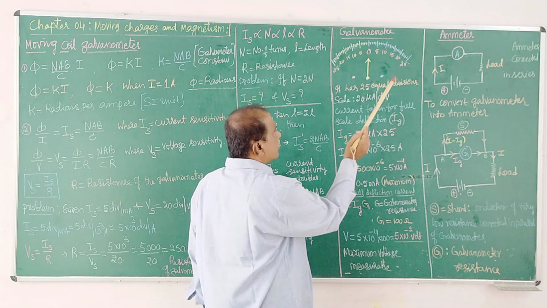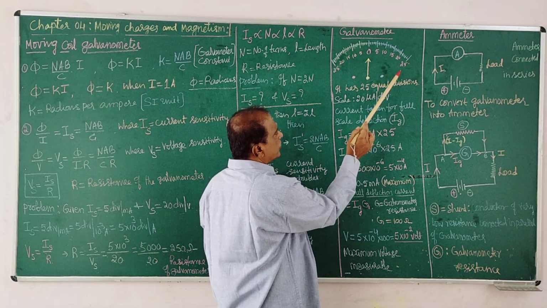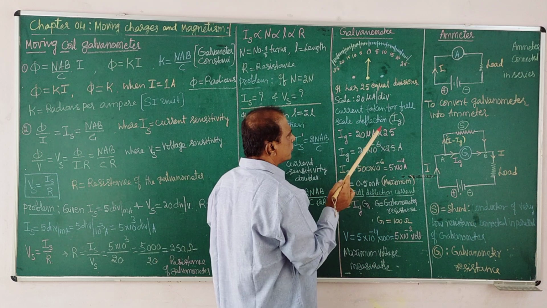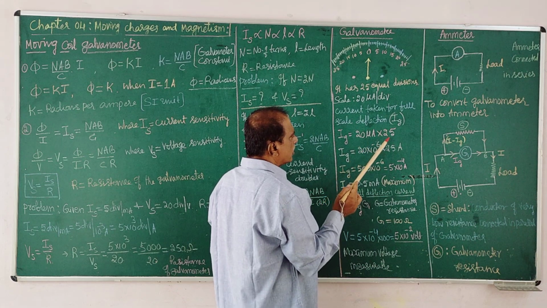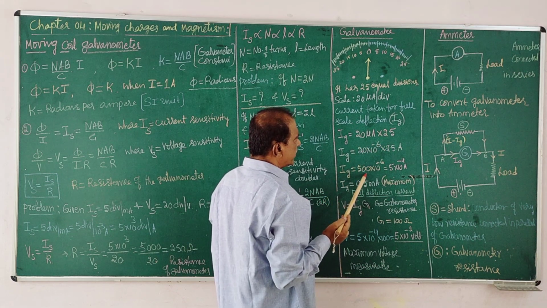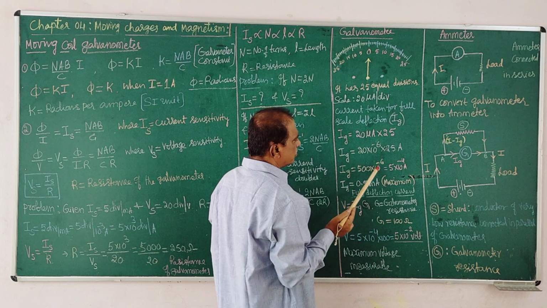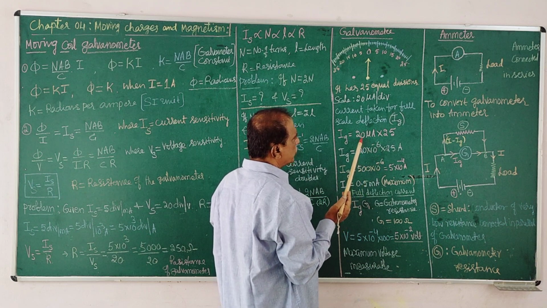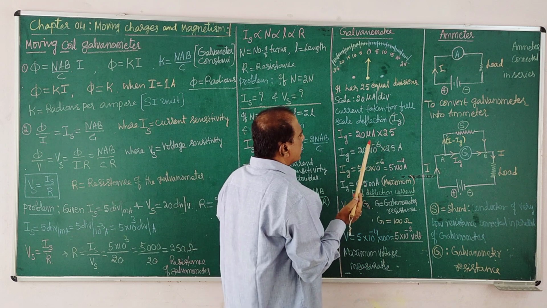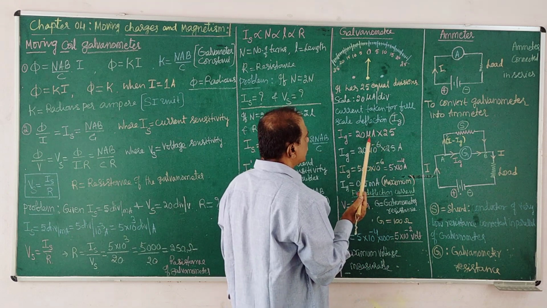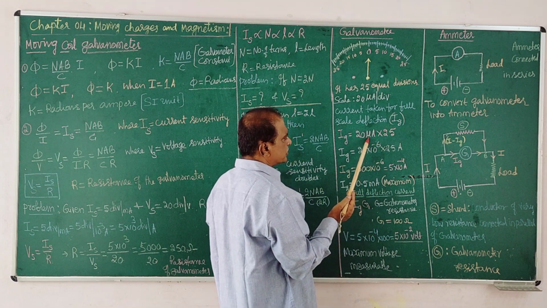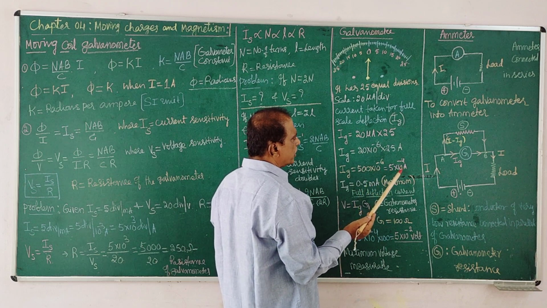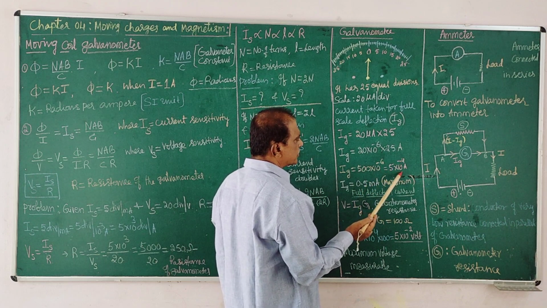What is that maximum current for 25 divisions? 20 into 25, it is 500 microamps. Micro means 10 to the power of minus 6. So write 20 into 25 in microamp, substitute for micro, and calculate in amperes: 10 to the power of minus 6. 5 into 10 to the power of minus 4 amperes.